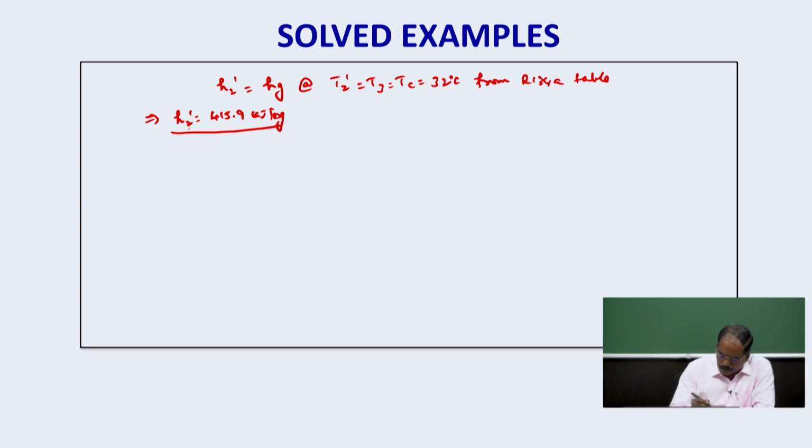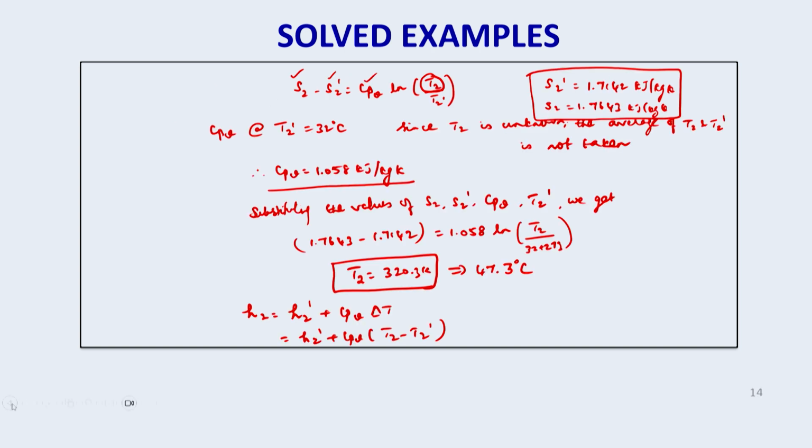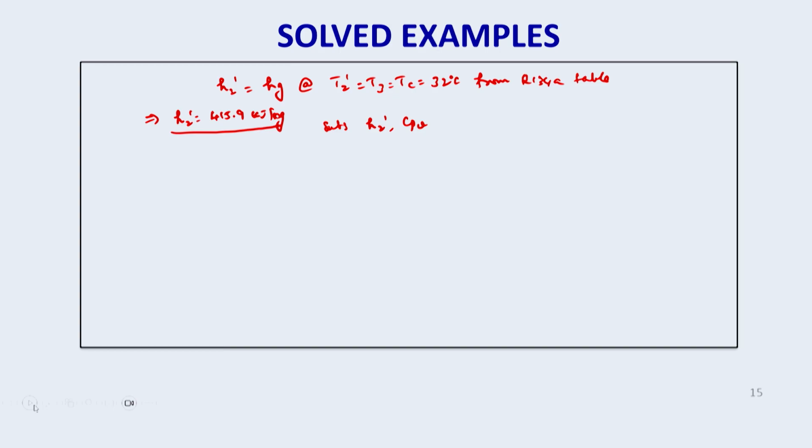So now we have to substitute these values. Substitute H2 dash and Cp of vapor. Cp of vapor is to be found for the average of T2 and T2 dash. So before substituting, let us find the Cp of vapor.